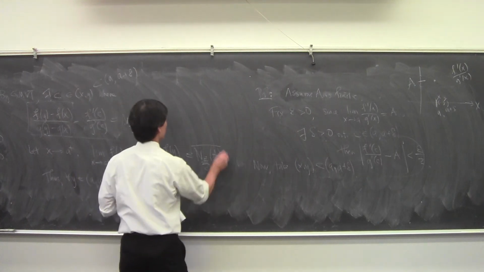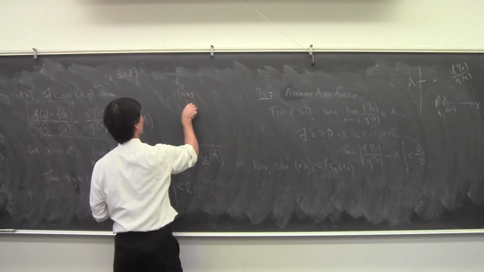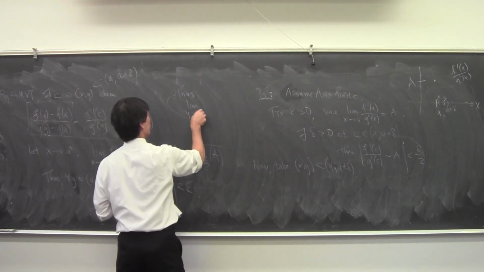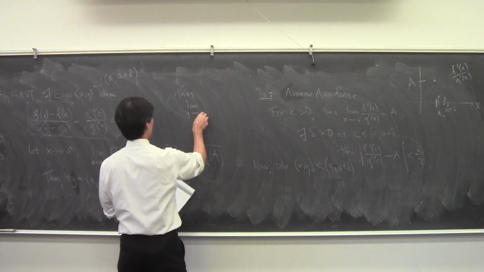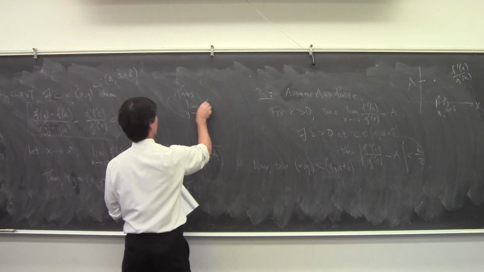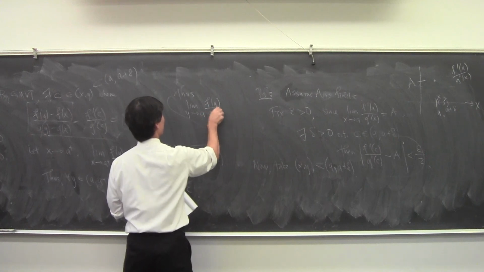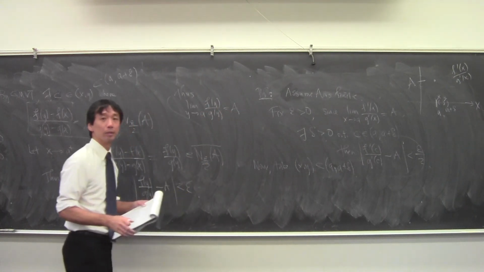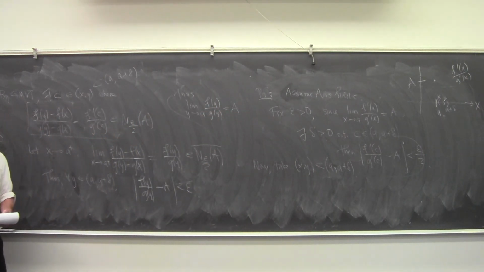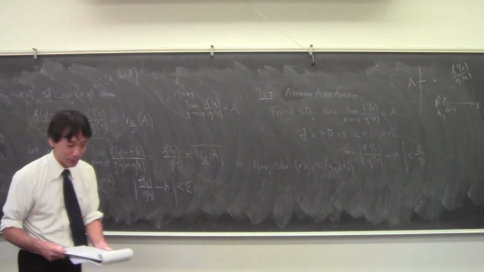So that tells us that thus the limit as y goes to a of f of y over g of y is a, the limit of the quotient of the derivatives. Okay, that's it. Sorry to hold you over.